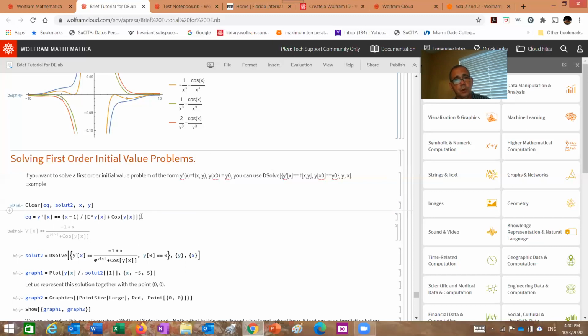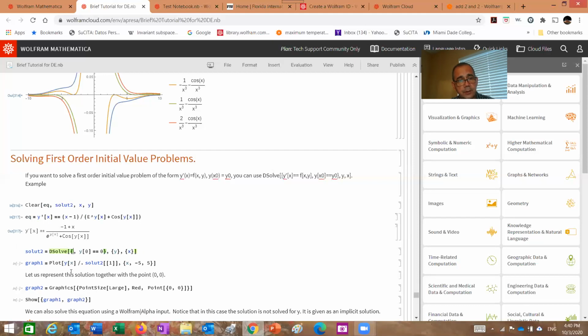Now, remember, we are entering the equation and we are calling the equation EQ. Now we are going to solve EQ, the equation here. Let me erase this. And then we have EQ, the Solve EQ, and then with this initial condition that appears here with respect to y and then with respect to x.